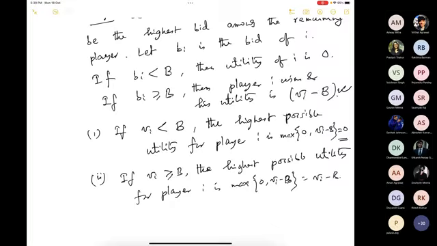Hence, irrespective of how other players bid, whether they bid their valuations or not, it does not matter to player i. Irrespective of how other players participate in the auction, it is always in the best interest of each player to bid the valuation. This is what we call dominant strategy incentive compatible. So as we are saying, here it is much easier for the buyers to participate in the auction.